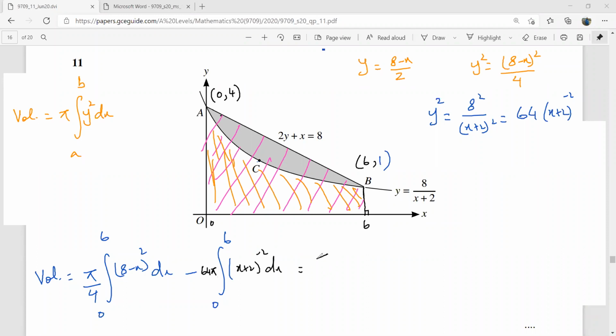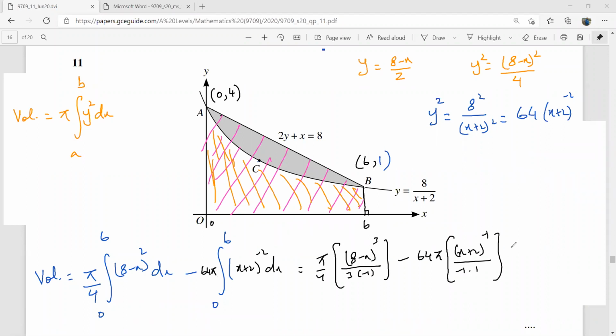So we have pi by 4 into its integral, which is going to be 8 minus x whole cube over 3 into minus 1, minus 64 pi, and this is going to be x plus 2 raised to power minus 1 over minus 1 into 1. So this is going to be minus pi by 12.